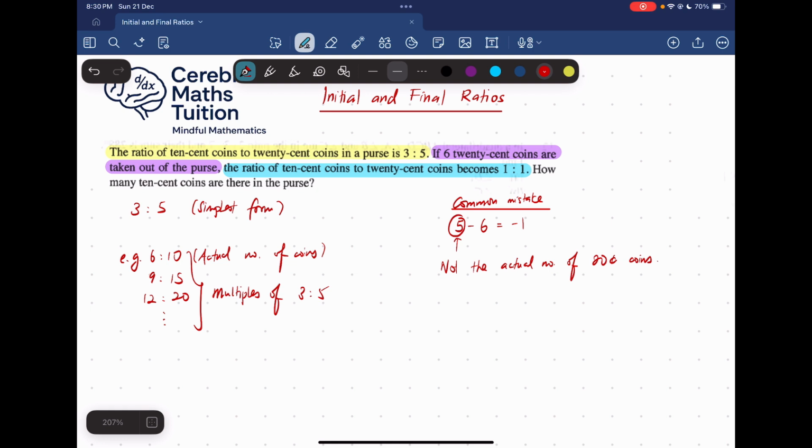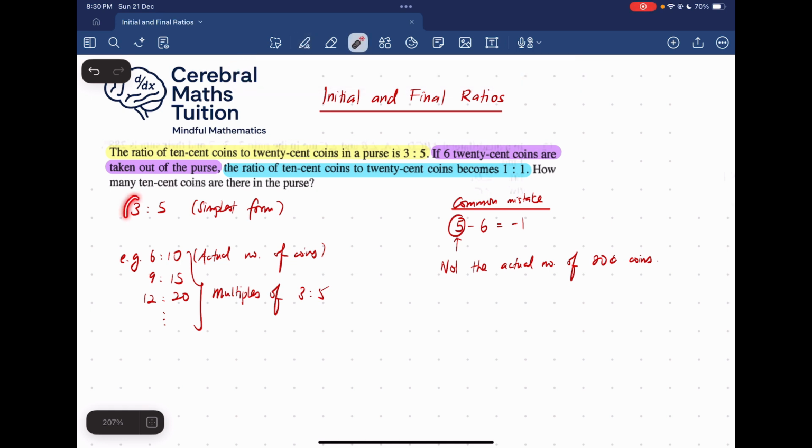How do we represent that? How do we represent a multiple of 3? It has to be 3 times something. And a multiple of 5 has to be 5 times something. So essentially, if you multiply 3 and 5 by the same number, you will get the actual number of coins. But we don't know what 3:5 is supposed to be multiplied by to get the actual number of coins.